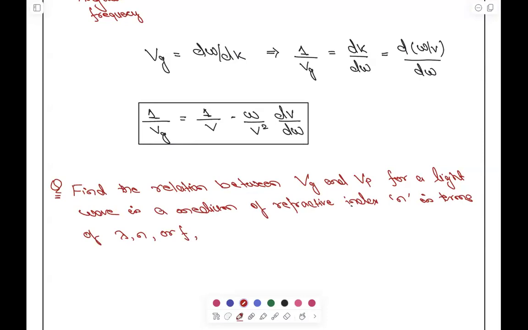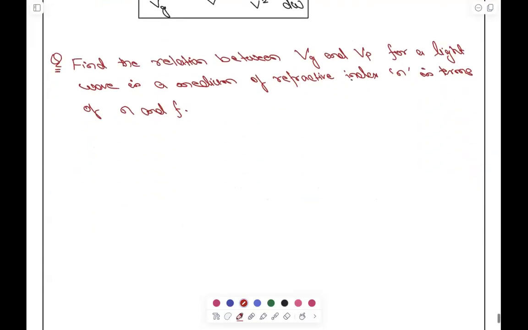In terms of lambda, n, and f, and f is the frequency. Do it, giving you 2 minutes.